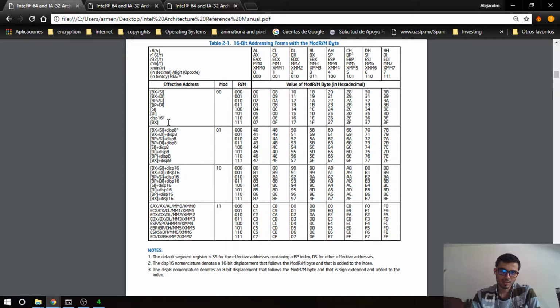So that means that this effective address is going to use SS for a BP index and DS for other effective addresses. So all of the others are going to be DS.